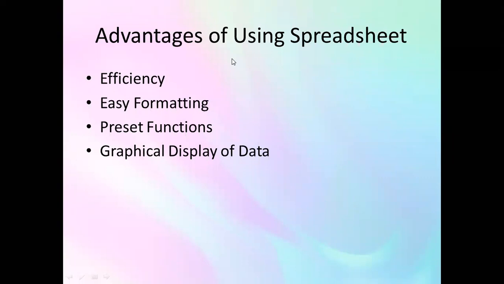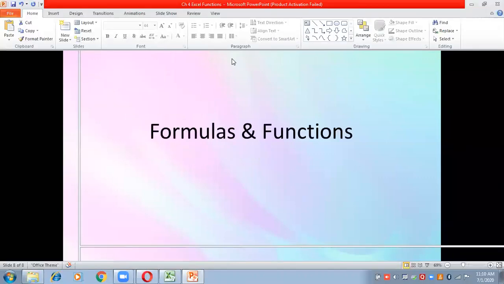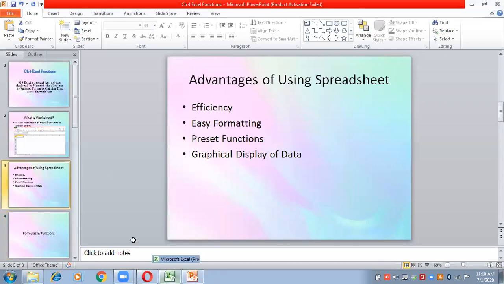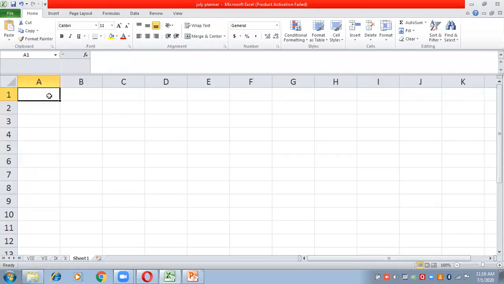Next is easy formatting. Now, let me give you an example of each one of these. Efficient, how is it efficient? Suppose I write Monday, then in the next cell I write Tuesday.